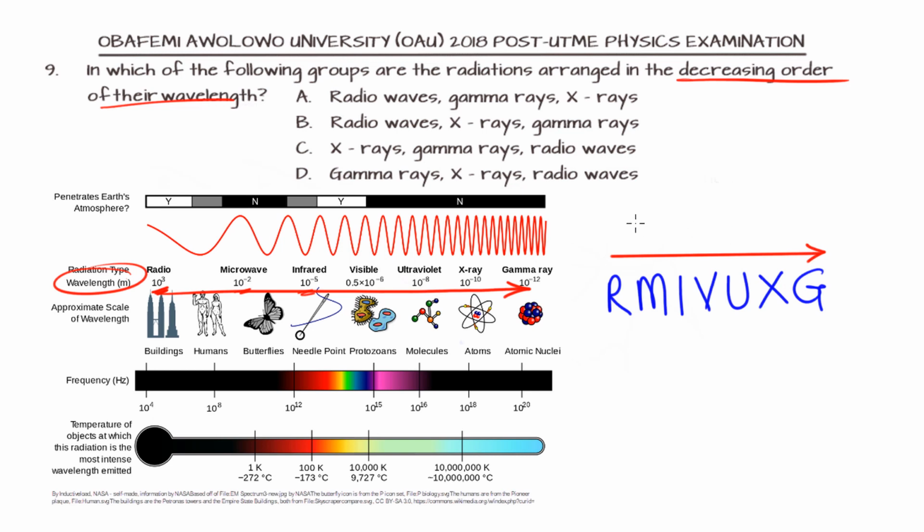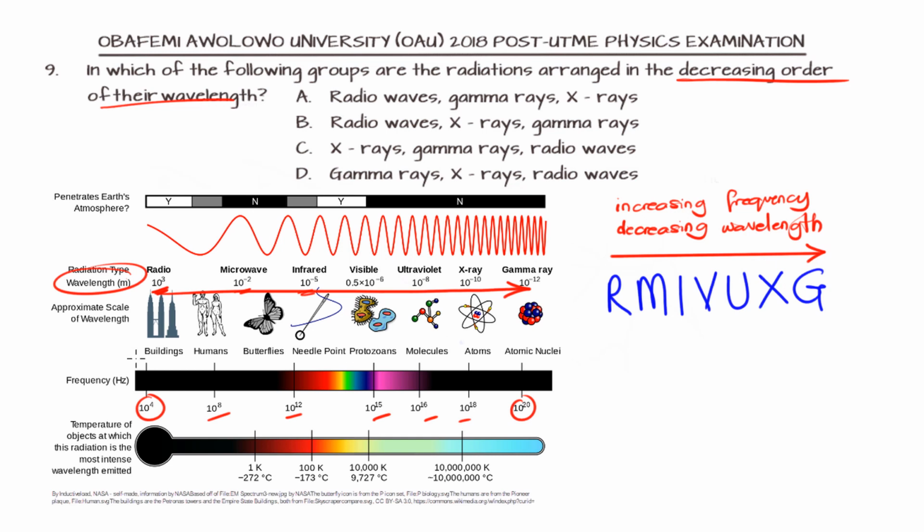So that will be moving from left to right, okay? So in this direction, we have decreasing wavelength. The radio wave has the highest, gamma rays have the lowest. So in the direction of the arrow shown, that is the decreasing wavelength. If we were talking about frequency, you can see that is also the direction of increasing frequency, okay?